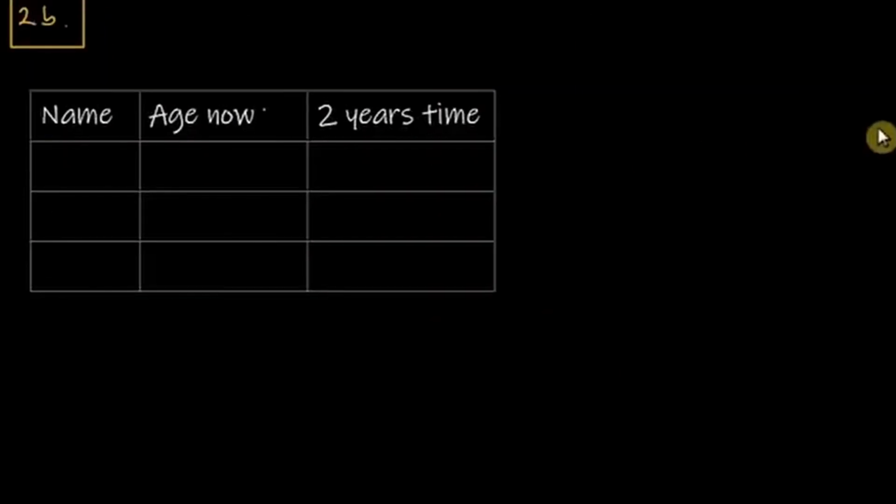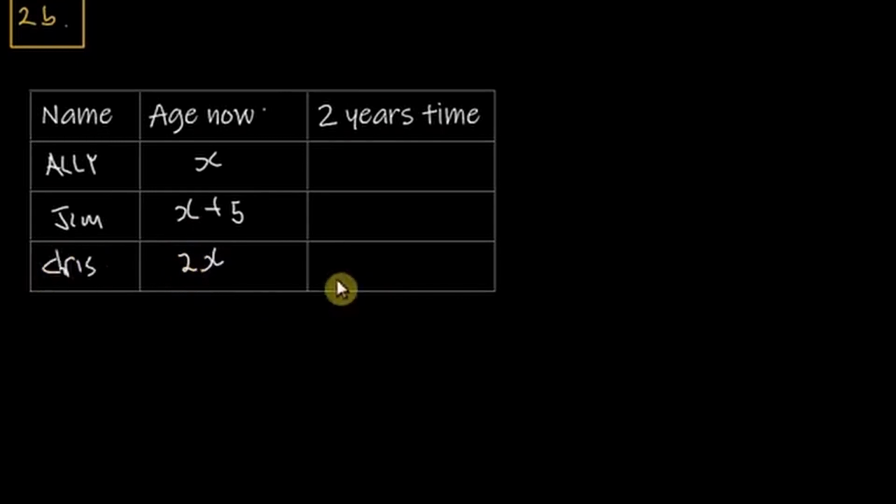So here we have 3 persons named Ali, Jim, and Chris. If Ali's age is taken today as x, we're told that Jim is 5 years older than Ali, so Jim would be x plus 5. And we're also told that Chris is twice as old as Ali, so Chris would be 2x.